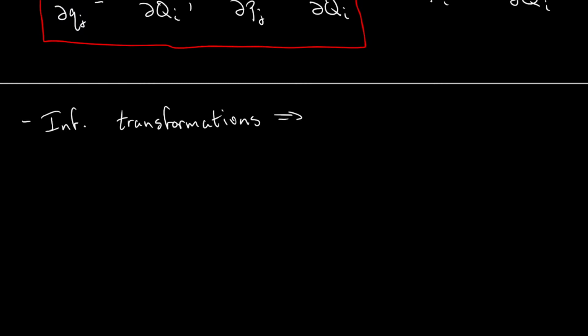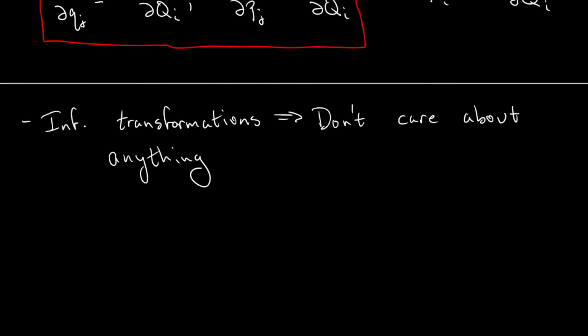Which means that we don't care about anything which is going to be epsilon squared or greater. We don't care about any terms that are higher order than epsilon to the first. We can essentially just throw all those terms out.